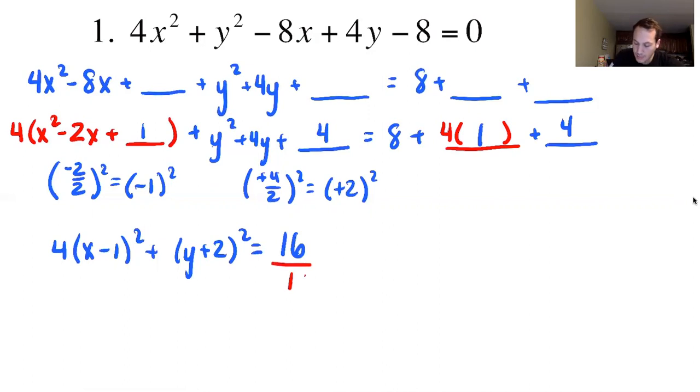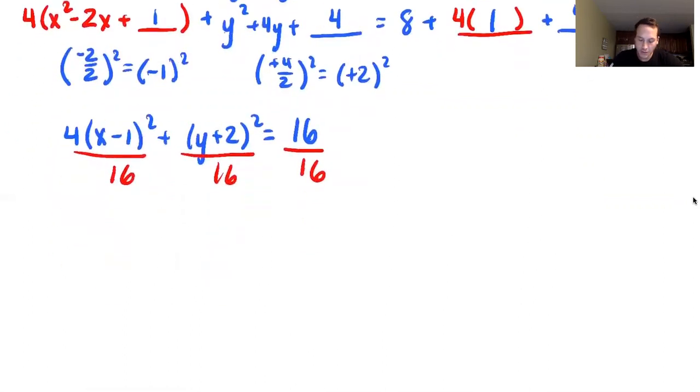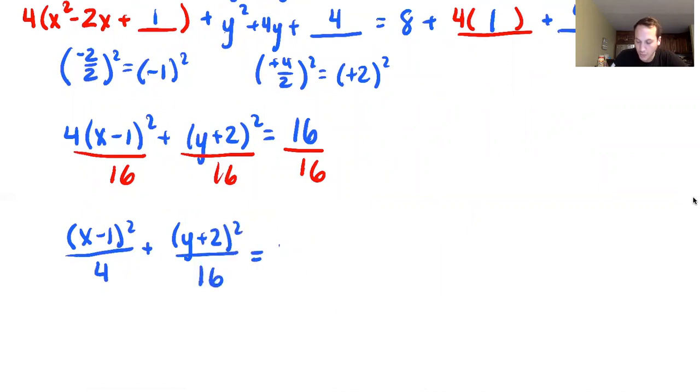We're known as an ellipse, which means I need to divide everything by 16. So since we divided everything by 16, 4 over 16 reduces to 1 over 4. We're going to make this x minus 1 squared over 4 plus y plus 2 squared over 16 is equal to 1.